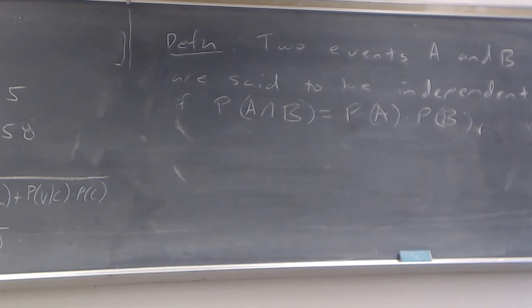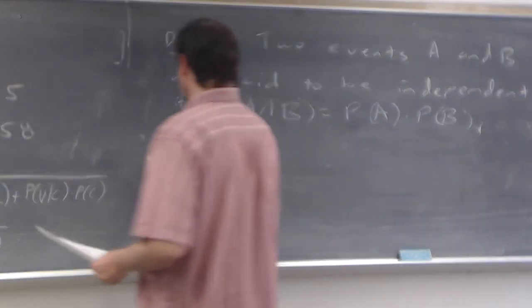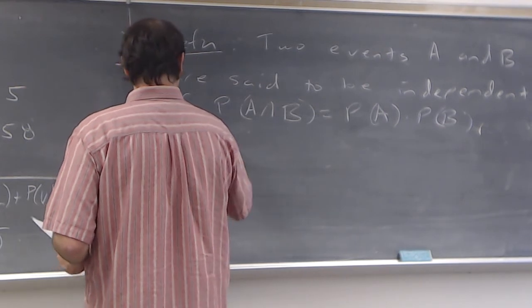The idea is that two events are independent if knowing that one of them happened doesn't influence the chance that the other one has happened. That can be seen through a fact in just a second. So here's a fact that I'll list.